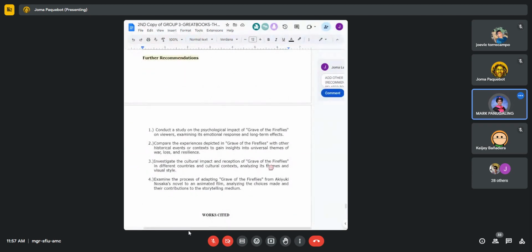Lead the prayer, Joma. Let us put ourselves in the holy presence of God as we all say. In the name of the Father and the Son and the Holy Spirit. Amen. Lord, thank you for giving us blessings in our daily life.